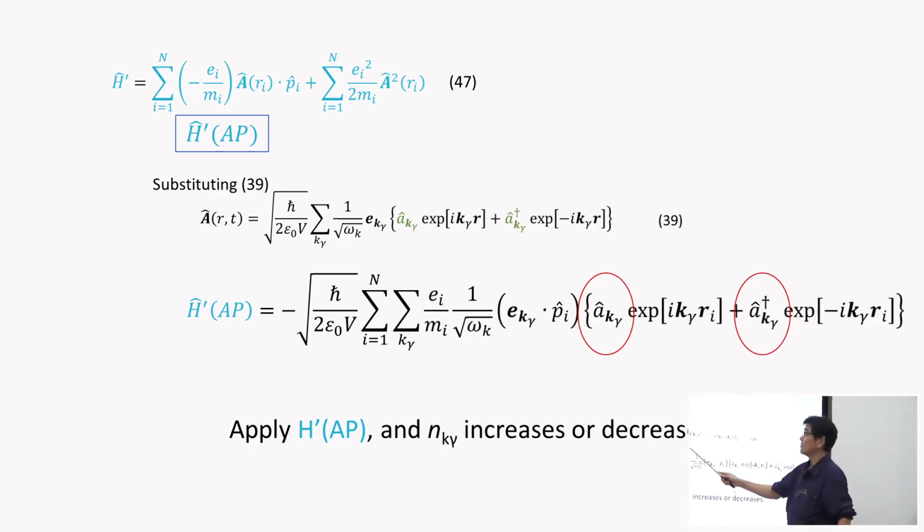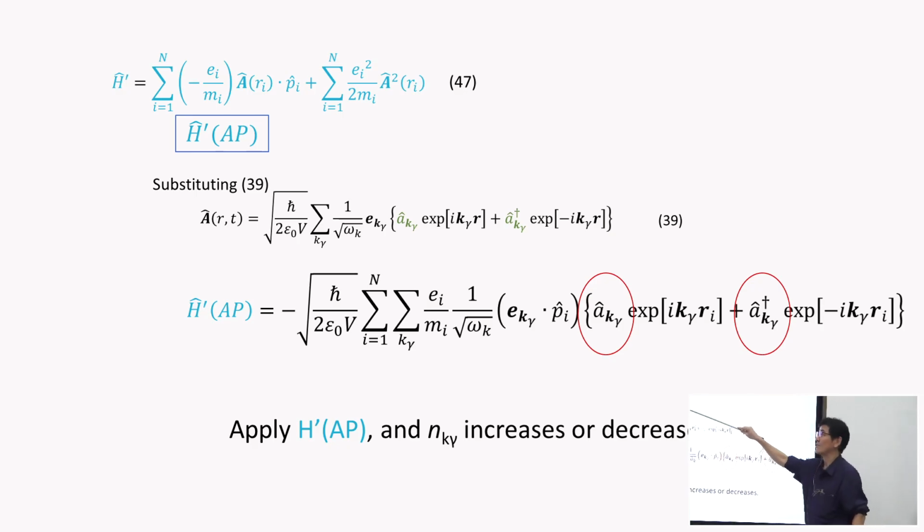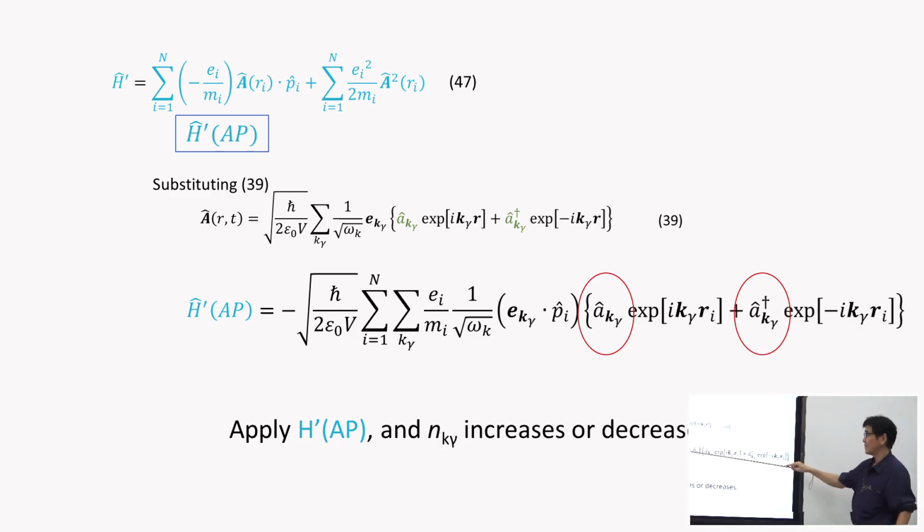The A·P term contains A and P. P is a momentum operator, and A is a vector potential. Already we know the functional form of the vector potential A, so let's substitute this equation into this part. Then we get H prime A·P, the first term, like this.